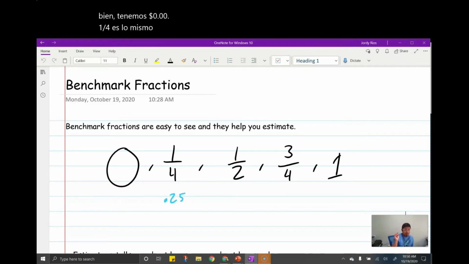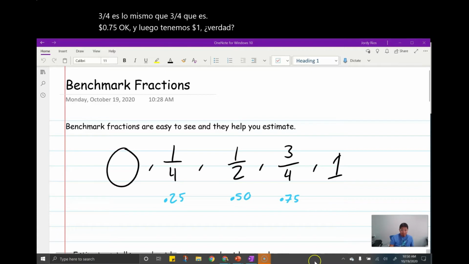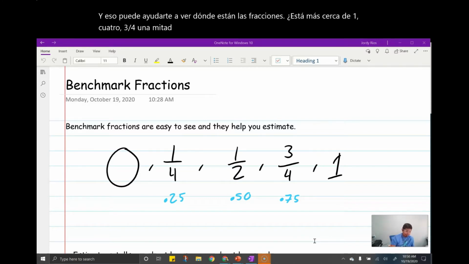A half a dollar is the same thing as 50 cents. 3/4 is the same thing as 75 cents. And then we have $1. So you can think about it like that, and that can help you to see where fractions are. Is it closer to 1/4, 3/4, a half, 1, or 0? Okay? So you can think about it like that.